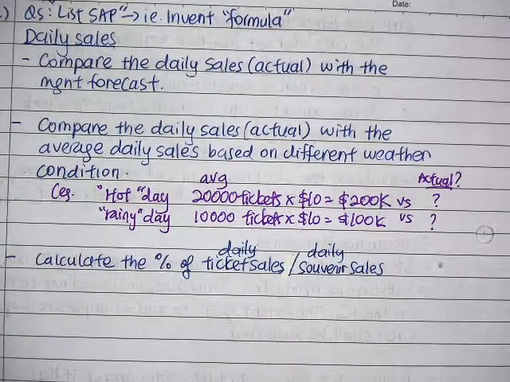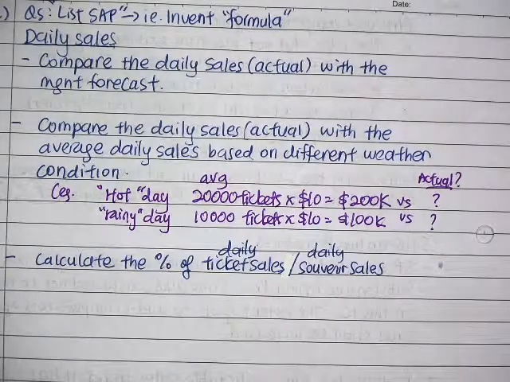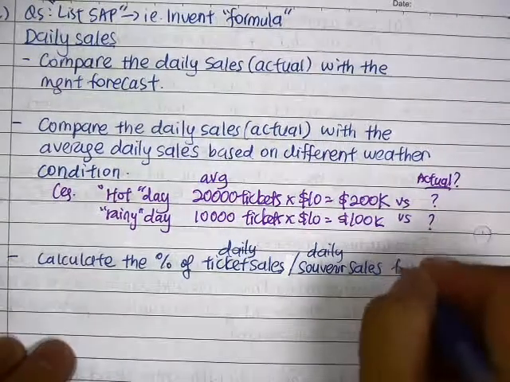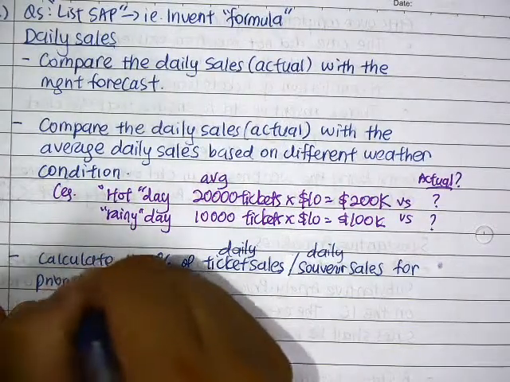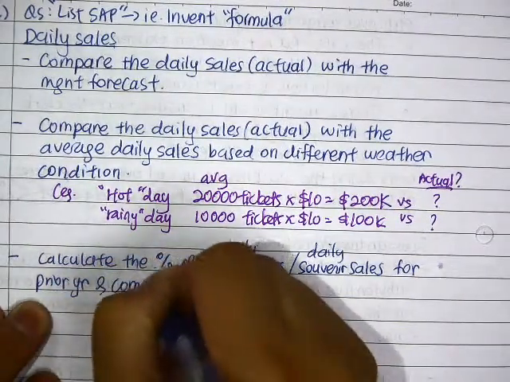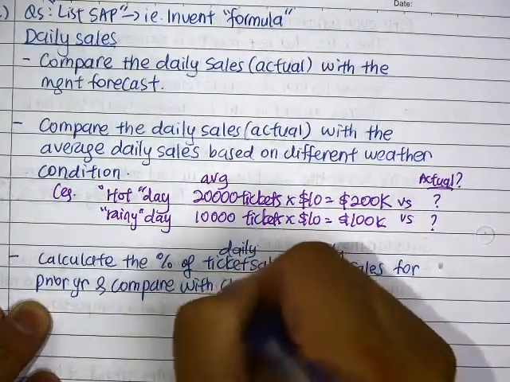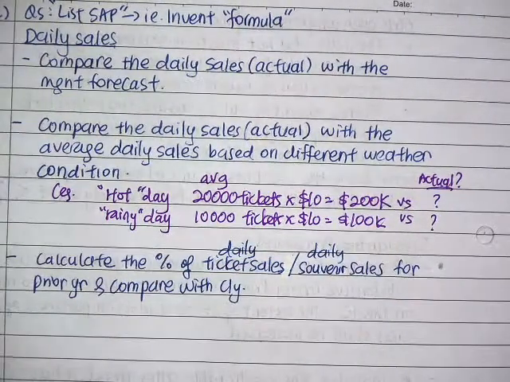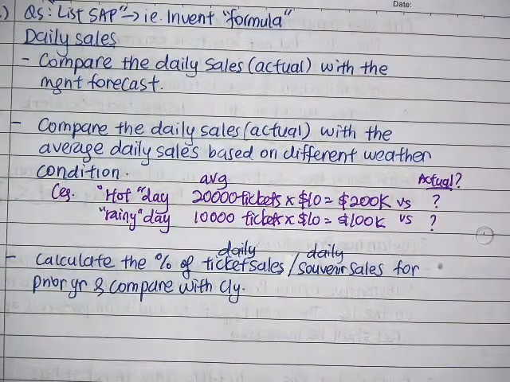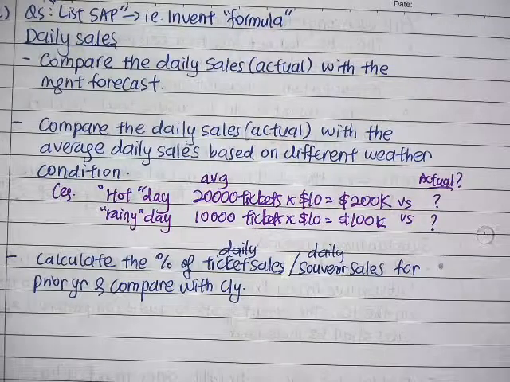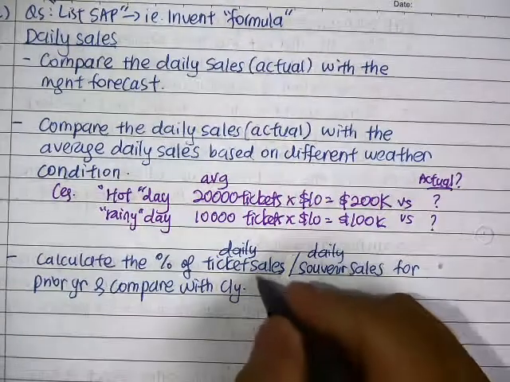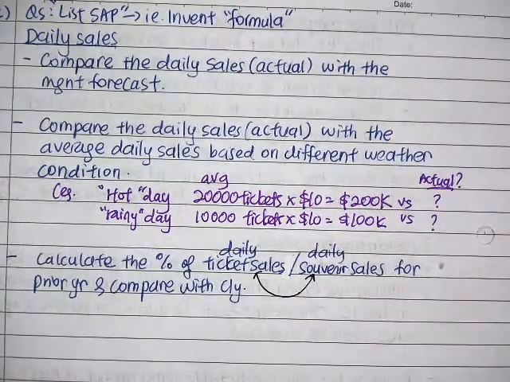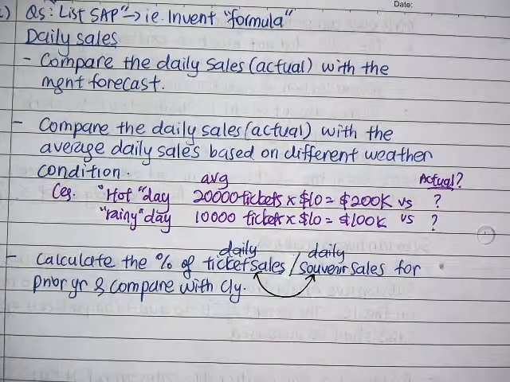So I calculate the percentage of daily ticket sales to daily souvenir sales for prior year, and compare it with the current year. So I just want to see whether they are consistent, okay? Because usually we expect that there's a correlation between people coming to the park and people spending to buy souvenir. So in that case, we compare last year and this year and see if there's any unusual difference.